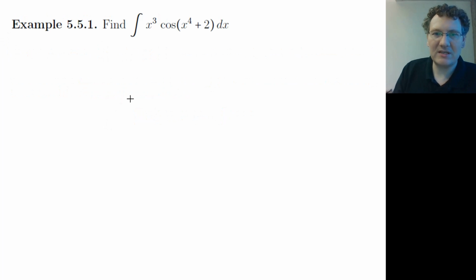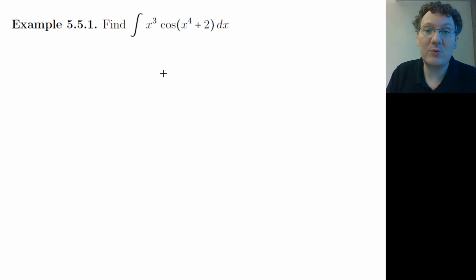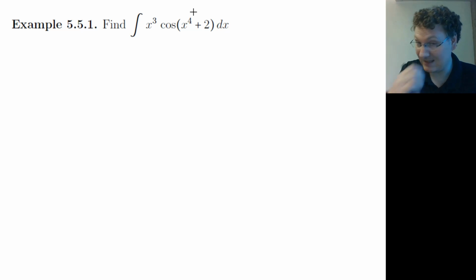Okay, we're going to take a look at this function we're trying to integrate, which looks like a big old mess. The thing we realize is we can see this x to the third, and that's the derivative of x to the fourth, differing only by a constant.